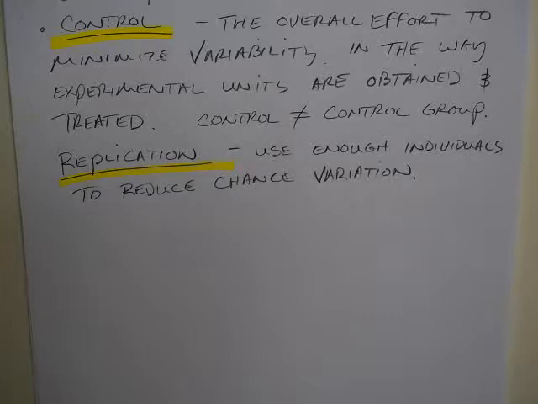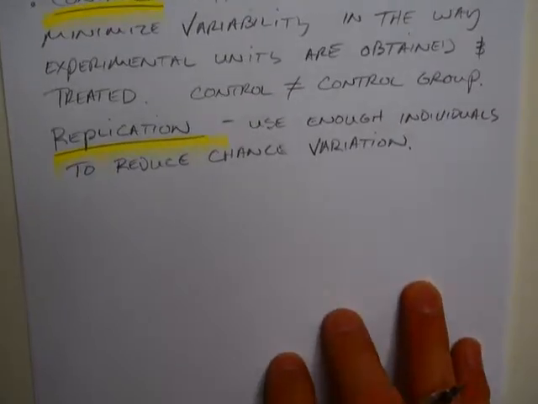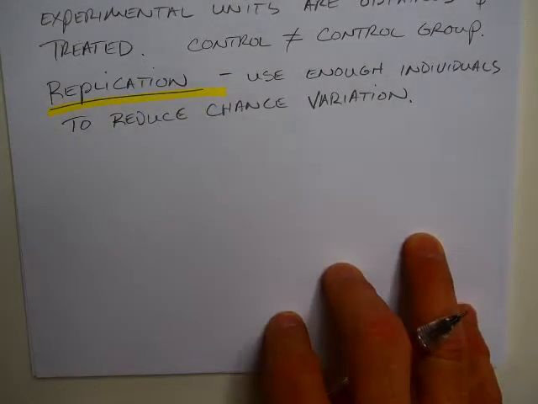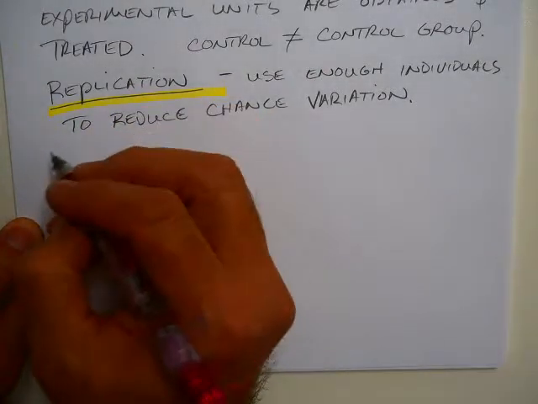If one of the individuals happens to be, under normal circumstances, an outlier, you may not know that with only three data points, right? So you have to make sure that you're choosing enough that you can identify those outliers in a group. So replication has a lot to do with just group size in general.